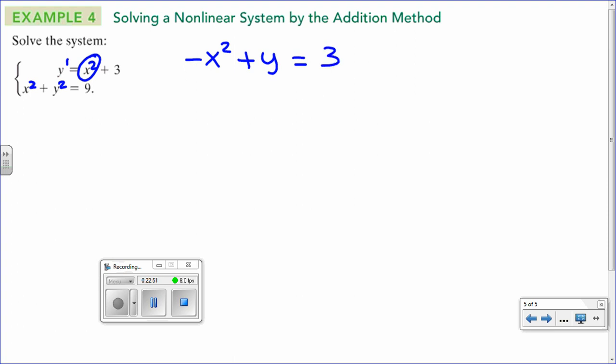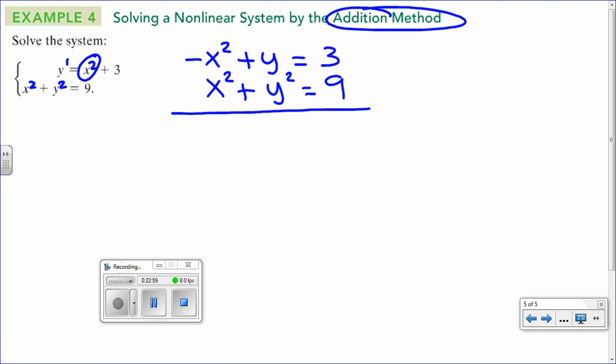Second equation, nothing is going to change. And when it comes time to add, with the purpose of eliminating the x squared, we're going to respect the combining like terms rules. So the y squared and the y do not add to each other, right? So we just write them like that.